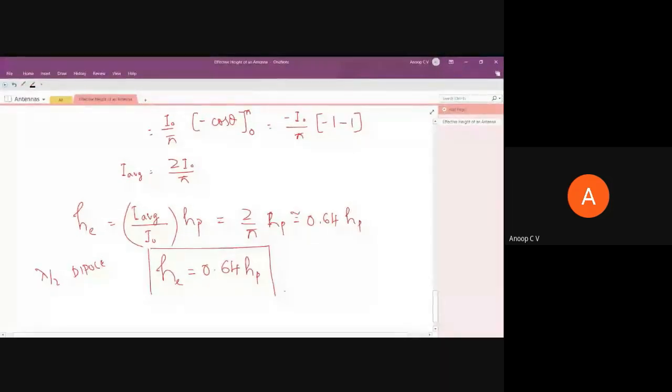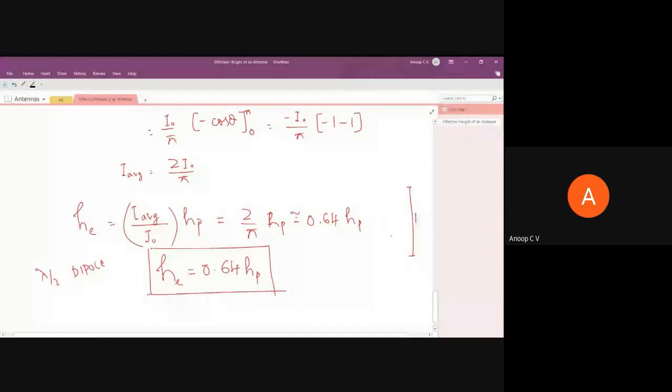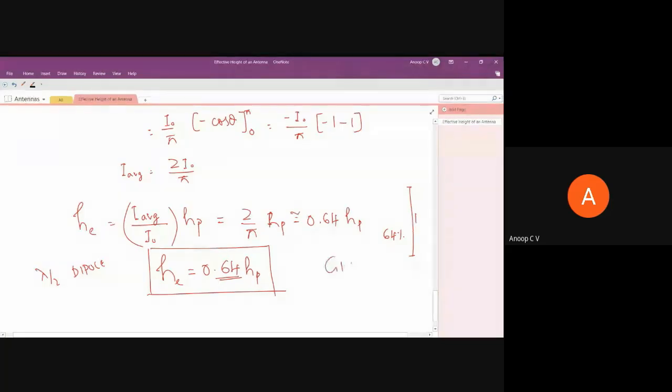The physical significance is this: if the actual height is 1 unit, the effective height, which makes the electric field induced voltage, will be only 64% of that, that is 0.64 unit. That is the meaning. It is something similar to aperture efficiency, but we are not calling it height efficiency. We call it the normalized average current.